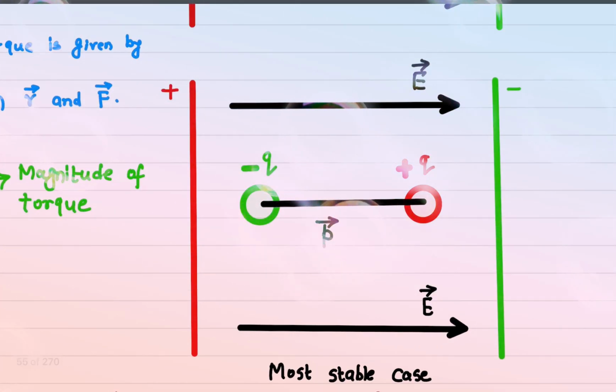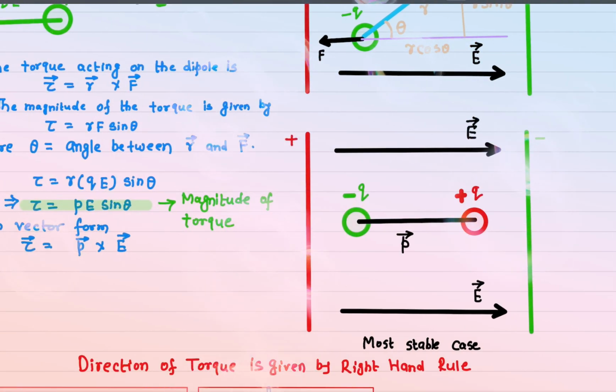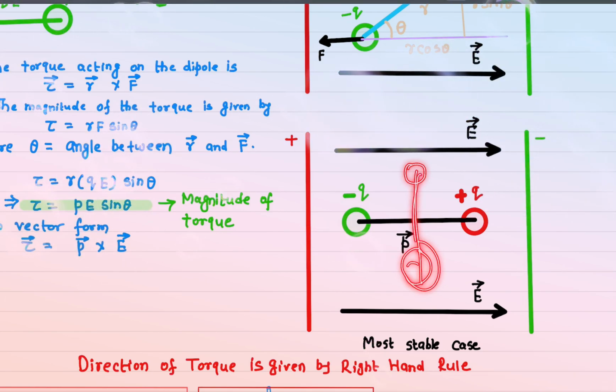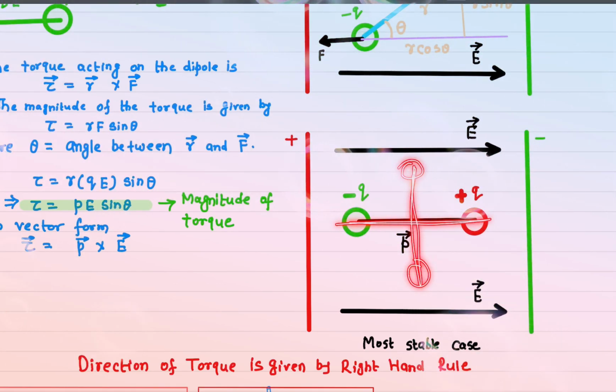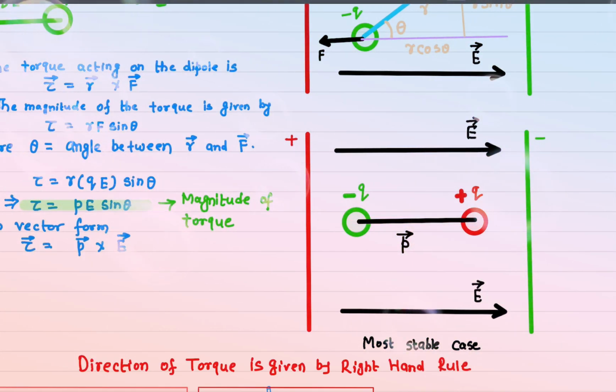In this case, the torque will be 0. And when the dipole is aligned this way, there will be the maximum torque. So the magnitude of the torque changes with time. One time it will be 0, and the other time it will be the maximum. So the torque varies sinusoidally.